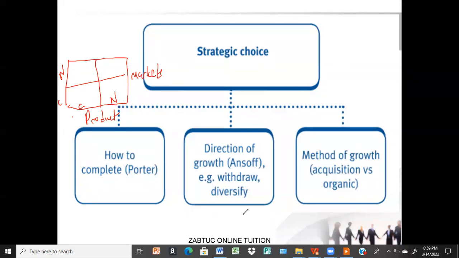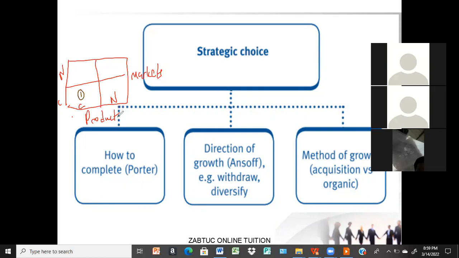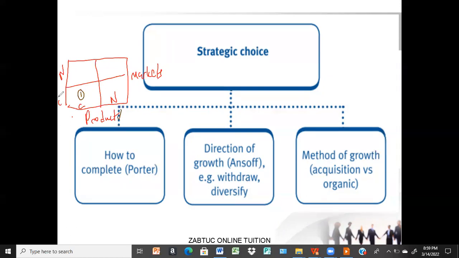In terms of direction of growth, if a company chooses this strategy, where you focus on providing the current products to the current markets, what do you call this strategy?